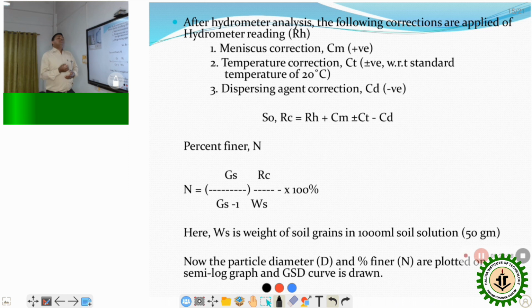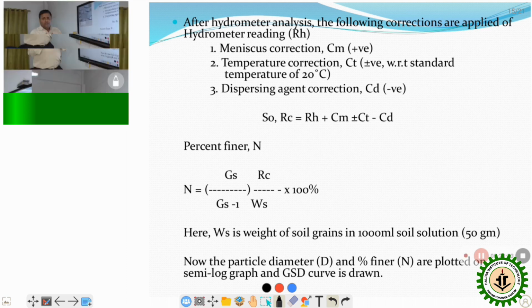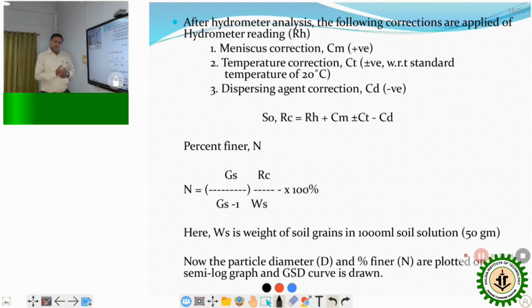As the particles are very fine, in the presence of water, they coagulate. That means lots of particles get together and form a heavier particle. If we don't add this dispersing agent, this heavier particle will settle down fast.